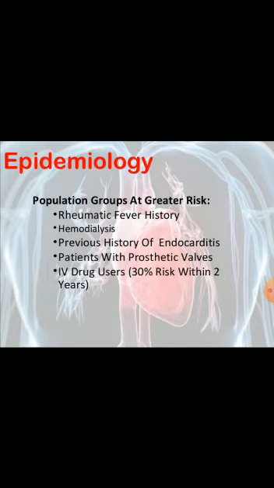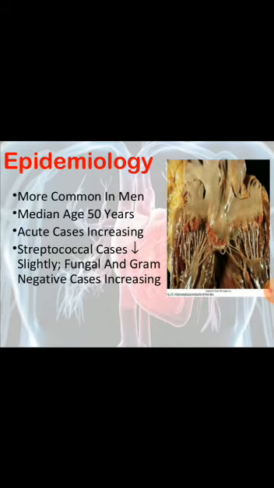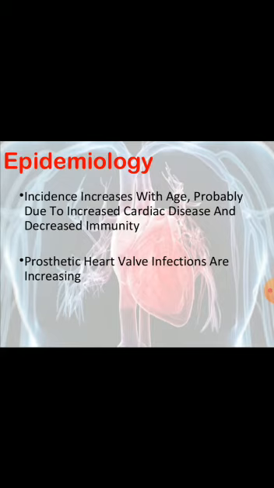So these are some conditions or causes that can put a person at risk for infective endocarditis. In men it's more common at age 50 years, and the incidence increases with age, probably due to increased cardiac disease and decreased immunity in the elderly, and prosthetic valve infections are increasing.